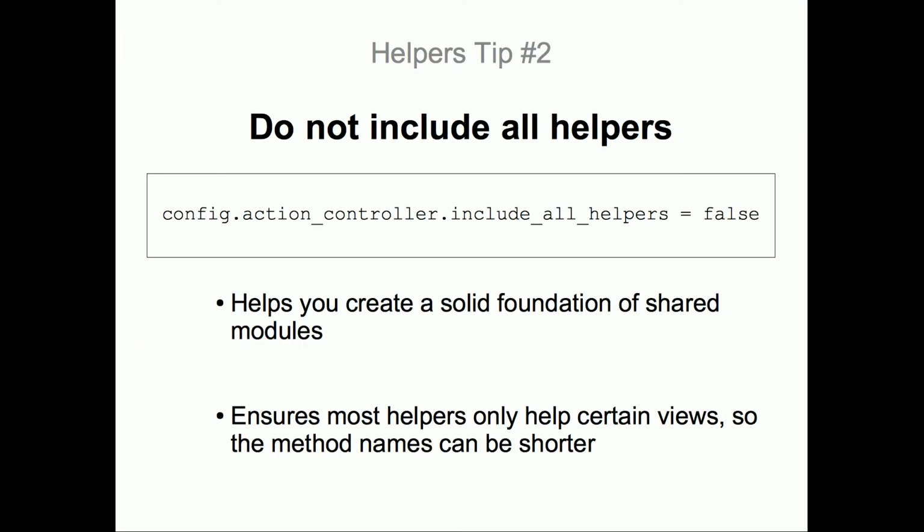Helper tip number 2, see if you guys enjoy this one: I hate include all helpers. After 2 years, you have a ton of helpers. This view calls a helper there, and a helper there, and it just makes a mess out of things. When one view is talking to its own helpers, that's great.